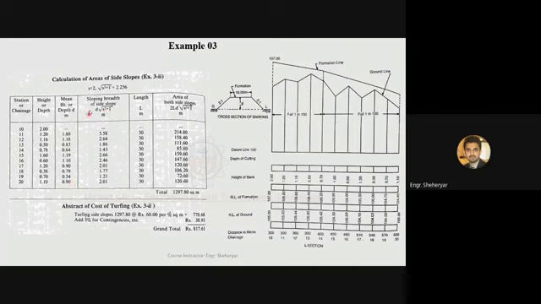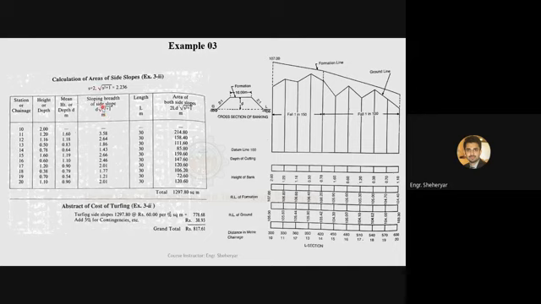Now you have already derived a formula for the side slope length, or hypotenuse, in the previous example, which was d under the root s square plus 1. Put d in this formula, and you know the value of s.